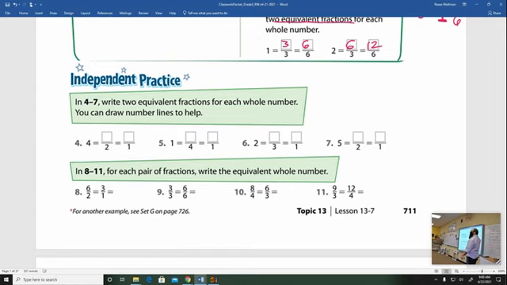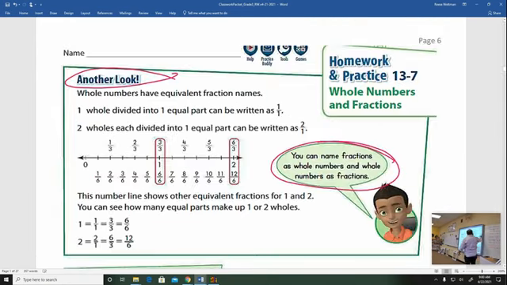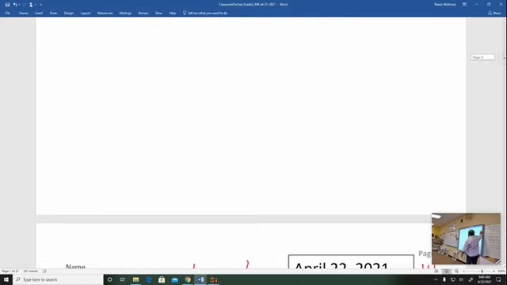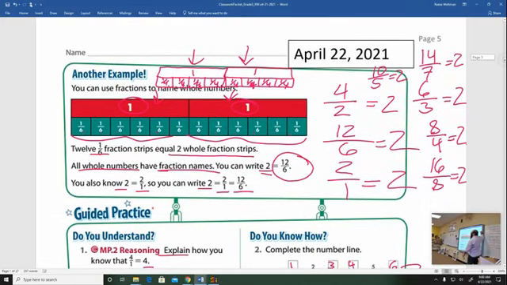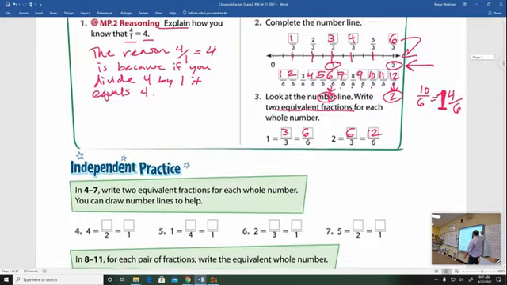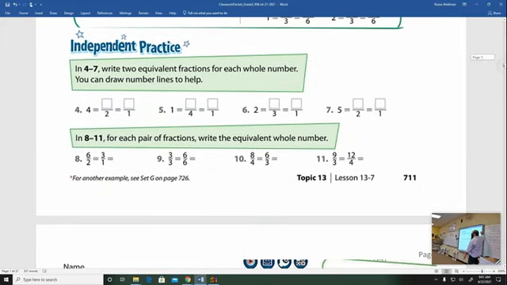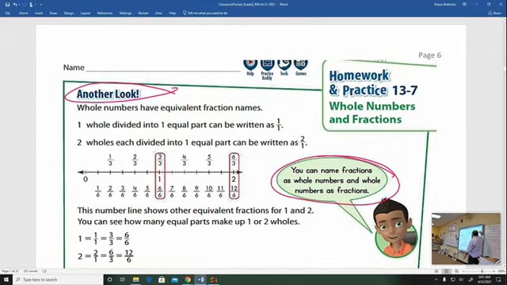Which packet are you guys in? I'm in the new packet. I'm in the new packet too. Guys, I'm in the new packet. It should look exactly like this one. Go back to the page we just did. The one right here that says April 22nd. Yeah. We just did the guided practice. This is independent practice right here. Okay? The next page.